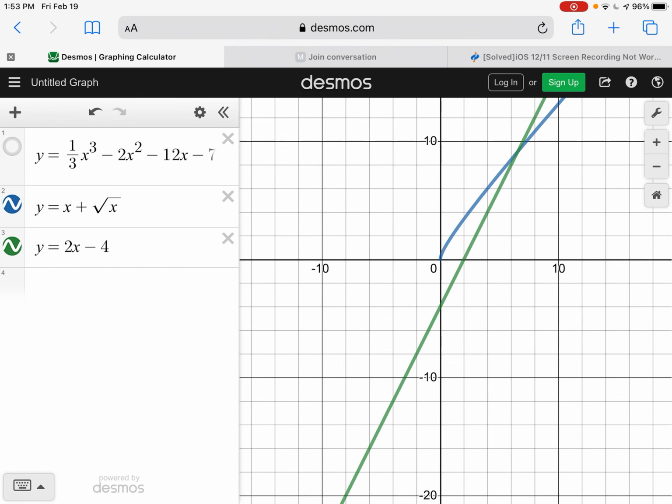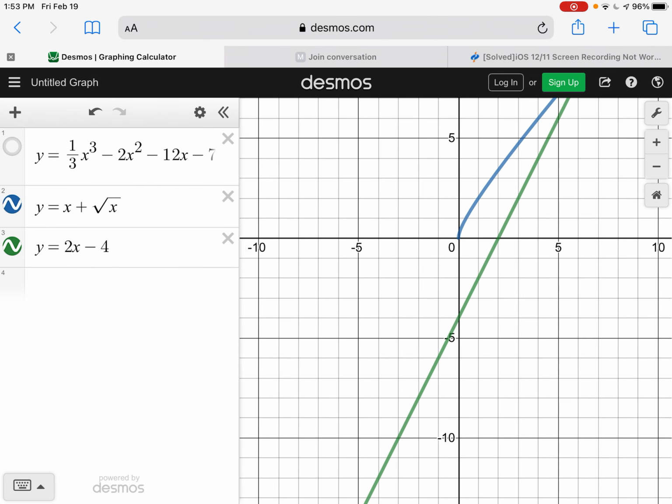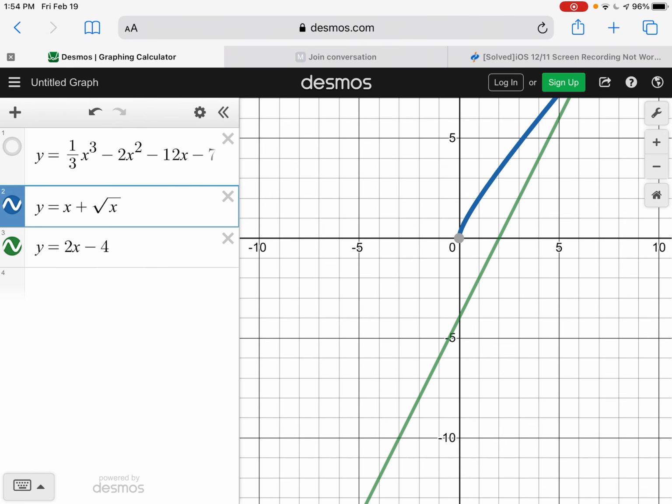What we are told is that the tangent line at 1 over 4, which is 0.25, would be parallel to that line. I don't have the tangent line drawn, so I'm not quite sure what it is, but it would be parallel to that line.